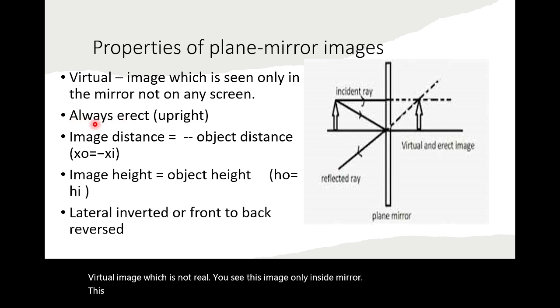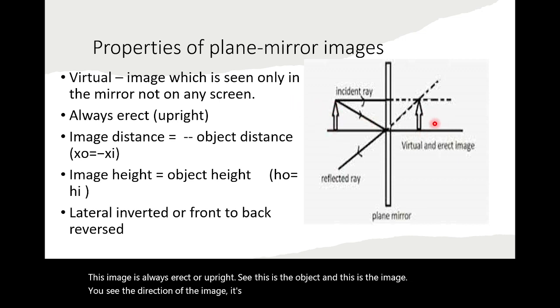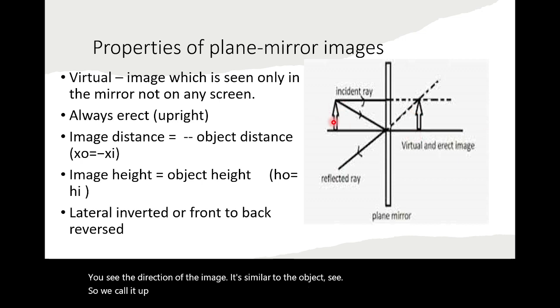This image is always erect or upright. See, this is the object and this is the image. You see the direction of the image is similar to the object. So we call it upright.